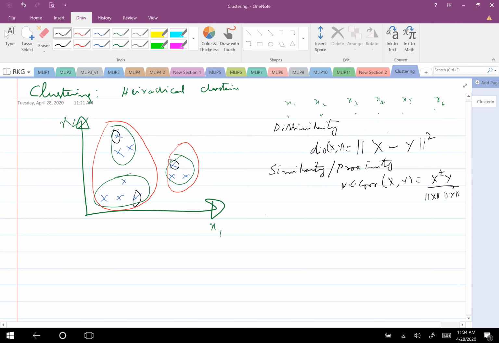So we will introduce at least one more dissimilarity measure. Can any of you tell another dissimilarity measure? You should tell quickly while I write.